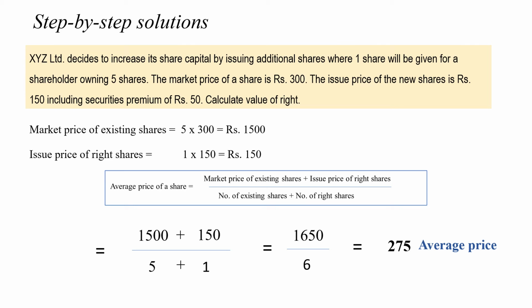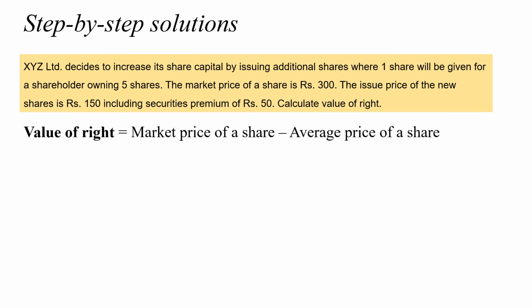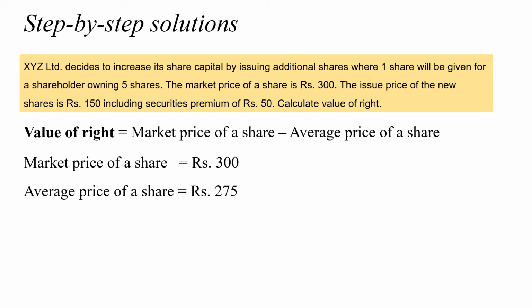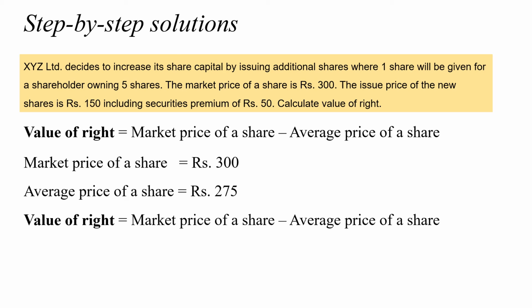Let's substitute that into the first formula. Value of right is equal to market price of a share minus average price of a share. Market price is 300 and the average price now derived is rupees 275, and therefore market price minus average price is rupees 300 minus 275, giving you rupees 25 as the value of right.